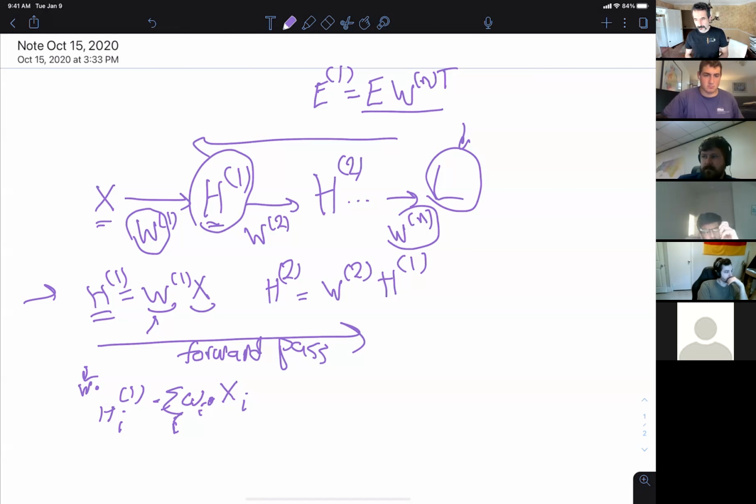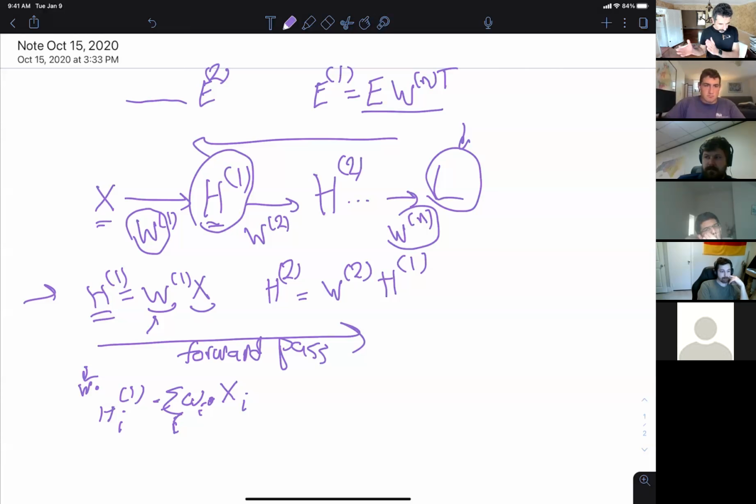Basically, this is the way it works in a neural network.